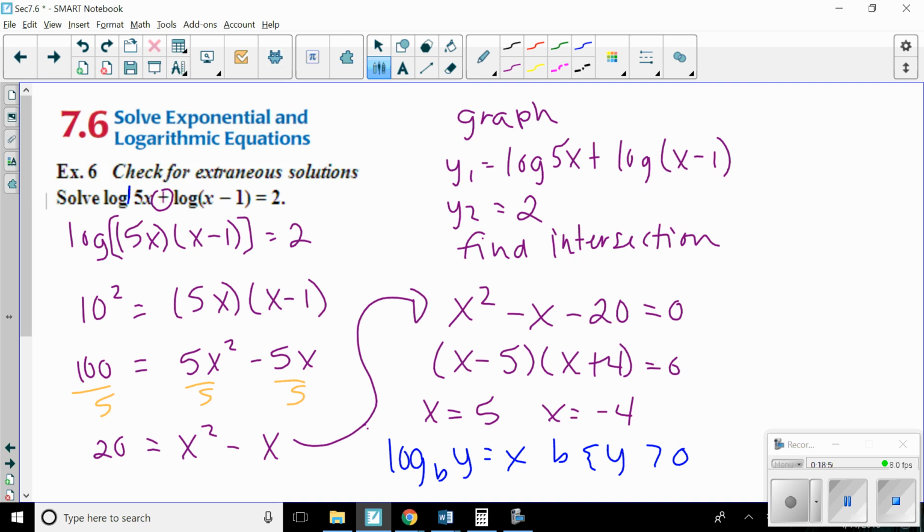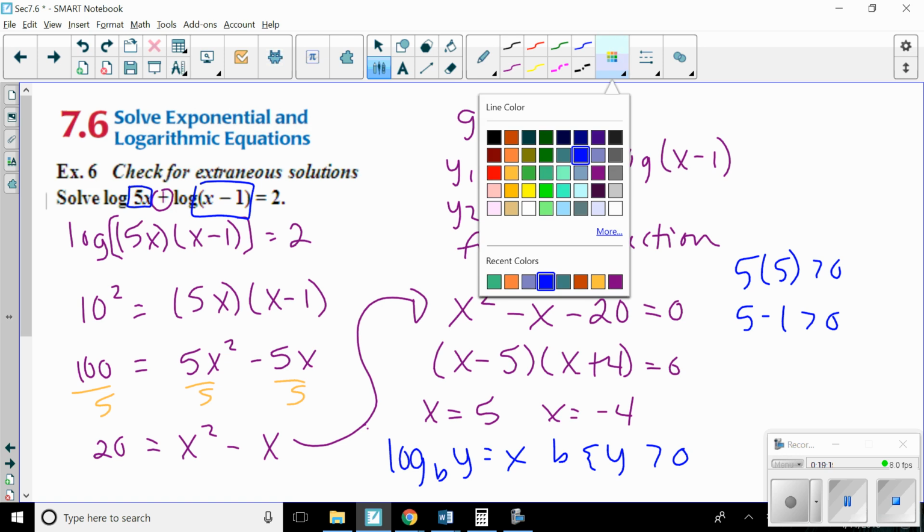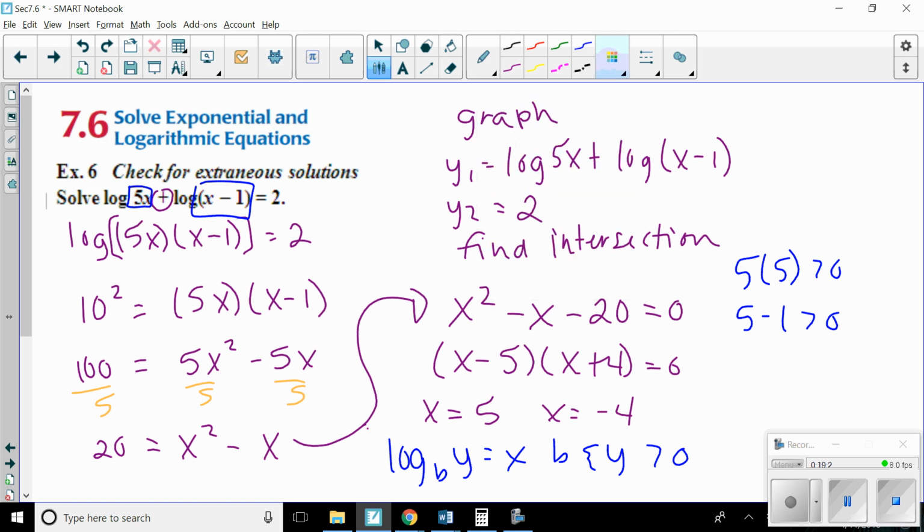This y value, 5x, has to be greater than 0. So 5 times 5 is greater than 0. And then secondly, x minus 1 has to be greater than 0. So 5 minus 1 is 4. That's greater than 0.